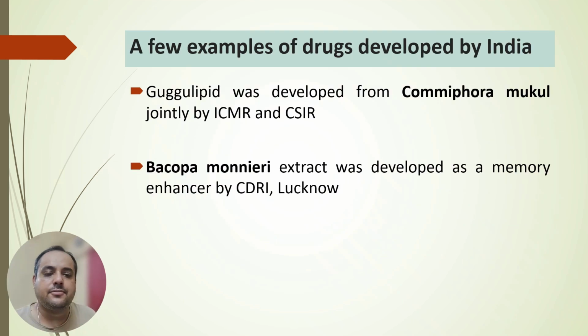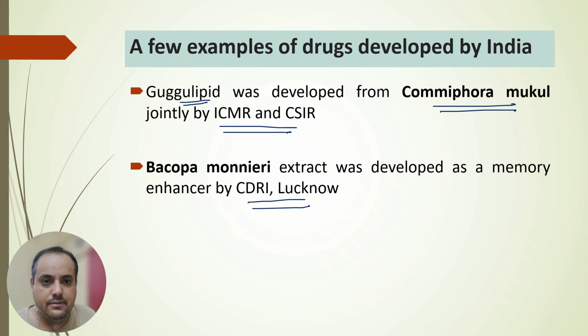Now a few examples of drugs made indigenously in India with the help of reverse pharmacology. As I have already told you, guggulipid was developed jointly by ICMR and CSIR from Commiphora mukul. And CDRI Lucknow also developed a drug from Bacopa monnieri, which was used as a memory enhancer.